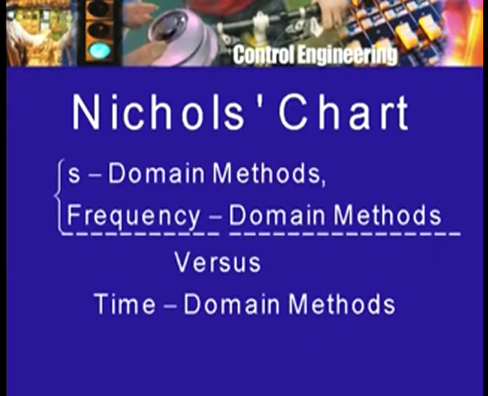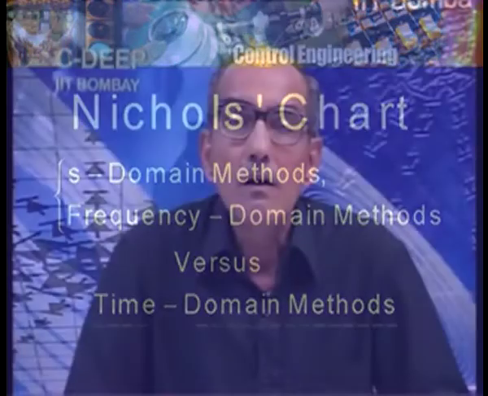Then we had a look at the frequency domain methods, and now we will take a look at what can be realistically called time domain methods. In a way, in control system study, the time domain methods are or should have been the most natural methods to use. Why is that so?